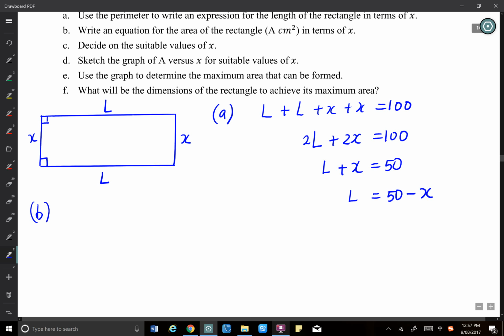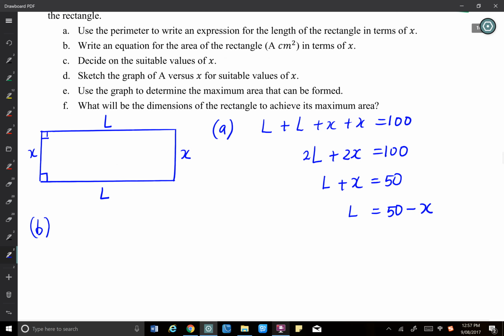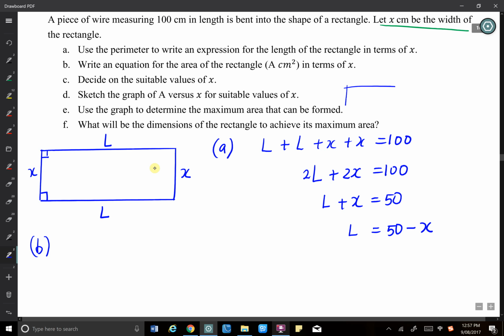B. Write an equation for the area of the rectangle in terms of x. The rectangle's area will change according to the length and width. For example, we can have a shape like that. We can have a really long one. I can make this side 40 and this side 10, and this area will be 400.